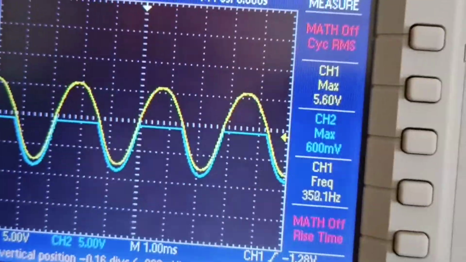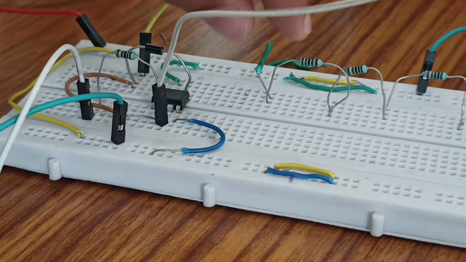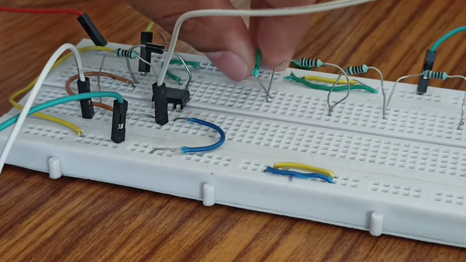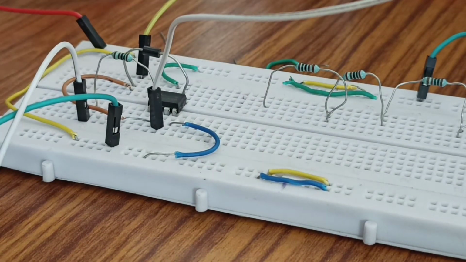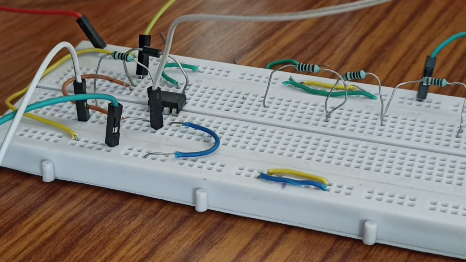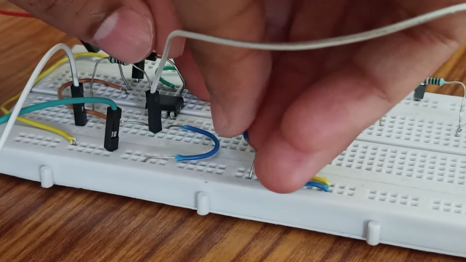Now if you want to see the negative clipping of the circuit, for that I am going to change the reference. This is where I am taking the wire and I will be providing a negative reference. For that I will need a different wire, because I am supplying negative voltage over here.